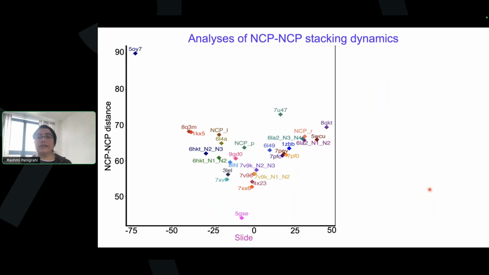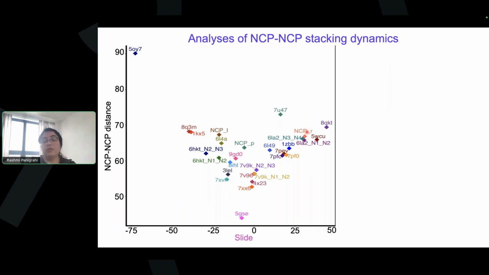Now, taken together all the 29 structures, if we plot all the parameters, I'm only showing the slide, that is the nucleosome distance versus the slide parameter. You can right away see that they have a characteristic V shape.